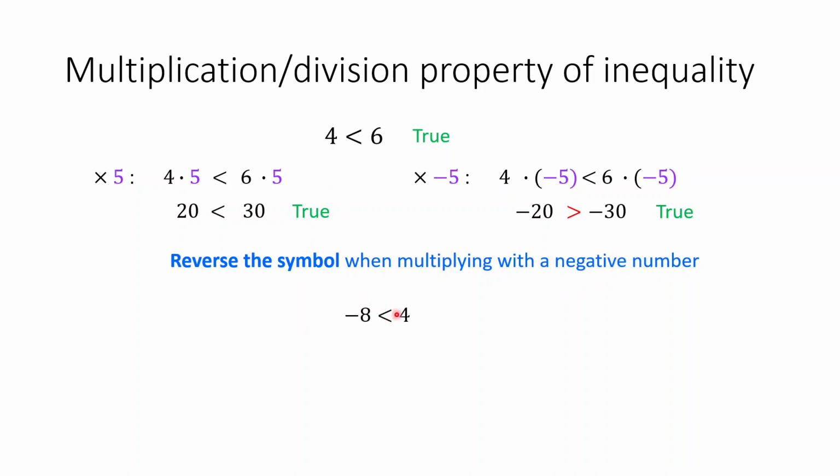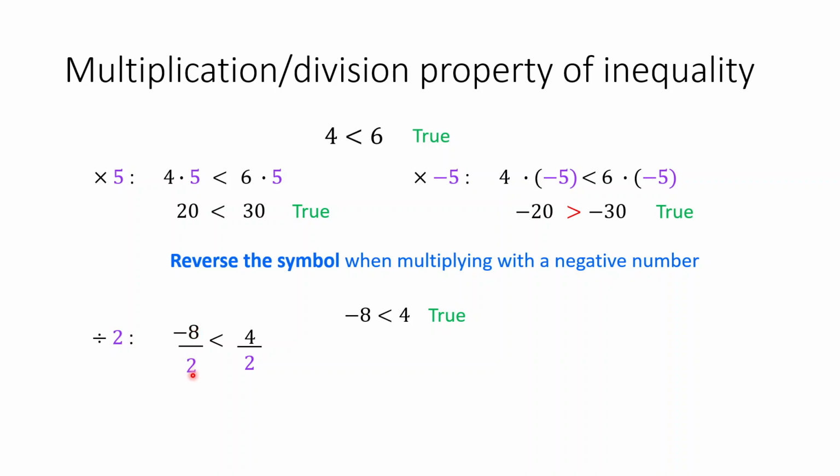Now I am taking this inequality negative 8 less than 4. This is true. Now I am going to divide a positive number on both sides. Negative 8 divided by 2 less than 4 divided by 2.